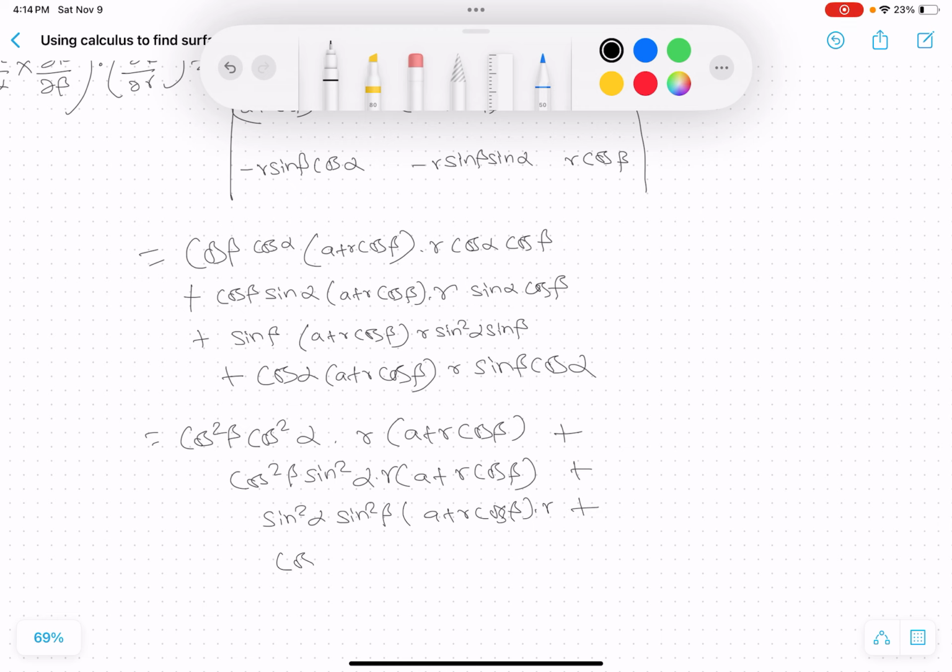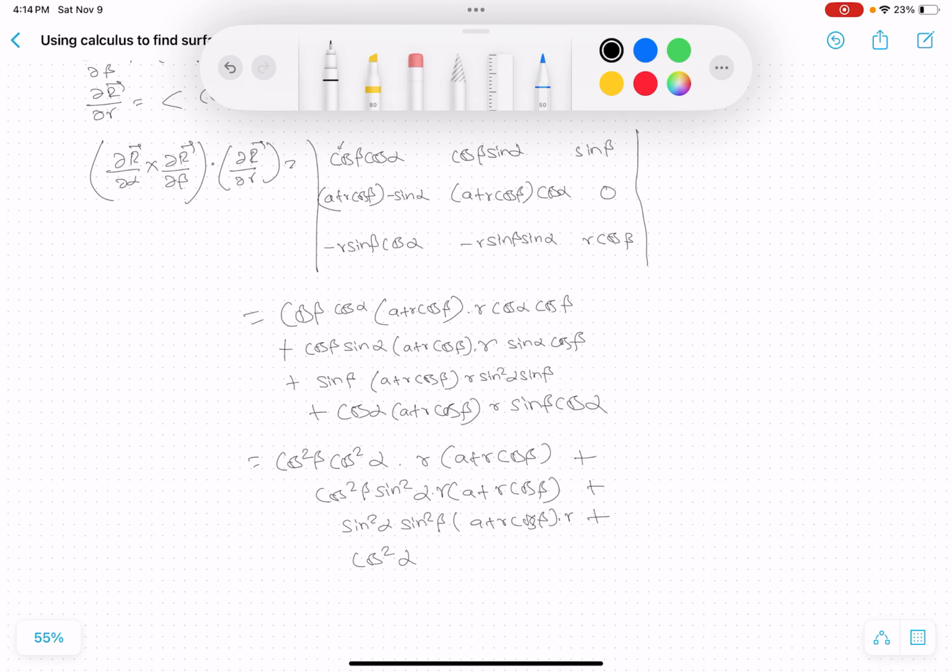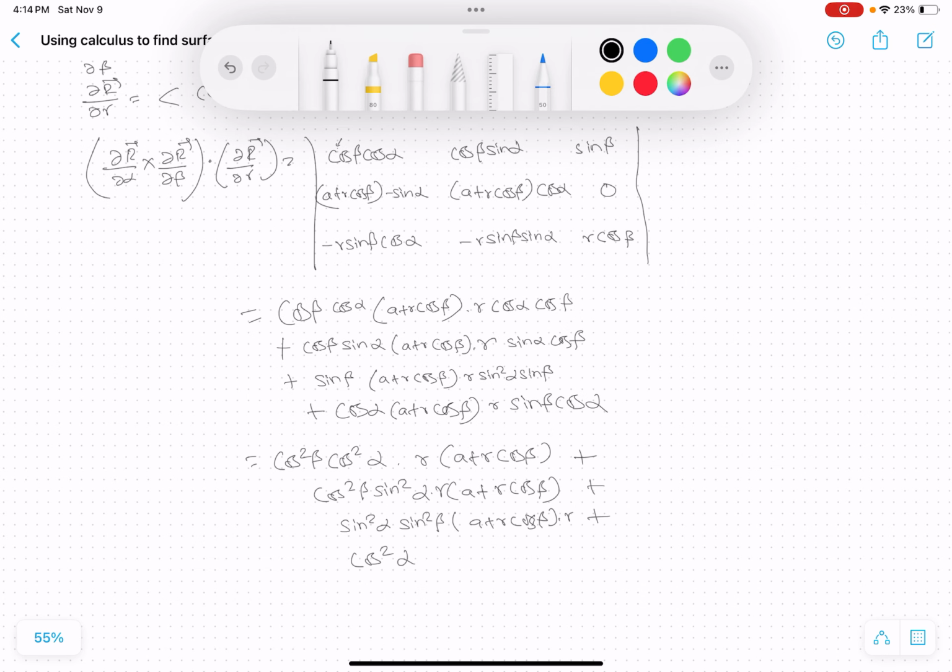It doesn't appear, that cannot happen. Cos alpha sine beta. Oh, is that the case? But how did this appear then?